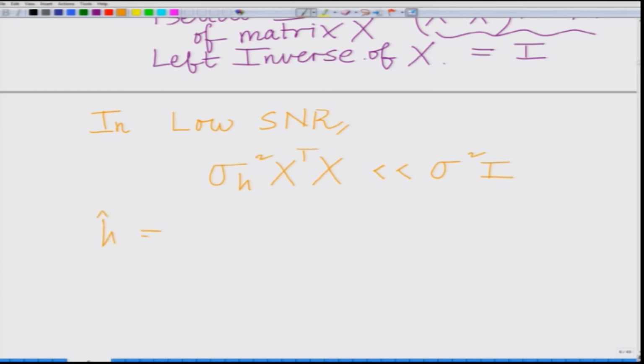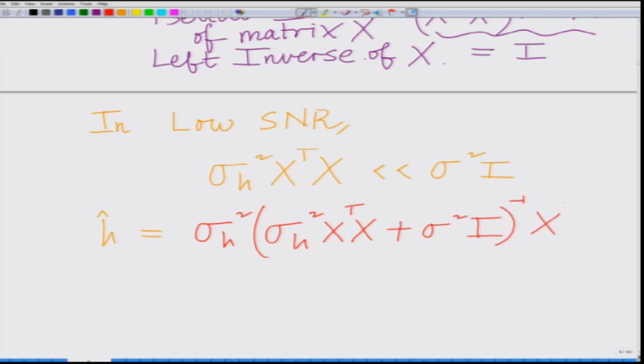Therefore, if you observe closely, h hat is sigma h square x transpose x plus sigma square identity inverse, times x transpose y.